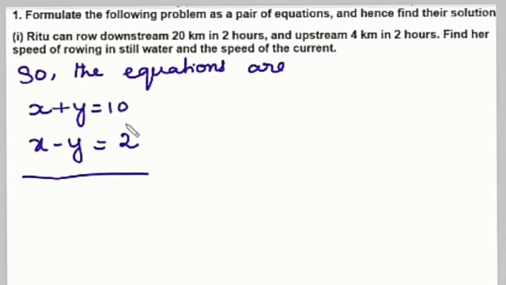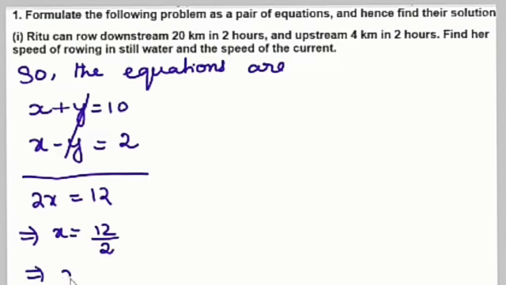But here I will choose the elimination method because look here, plus y and here minus y. Directly I can solve this question. So this is cancelled, and x plus x is 2x is equal to 10 plus 2 is 12, which implies x equals 12 by 2, which implies x is equal to 6.